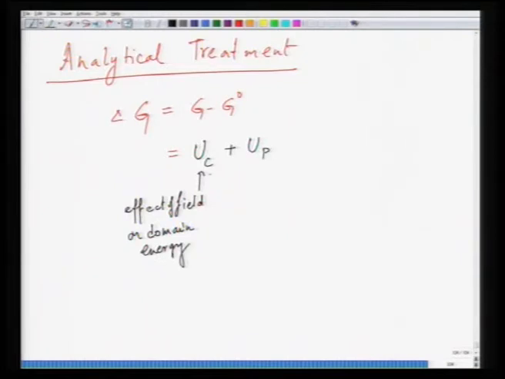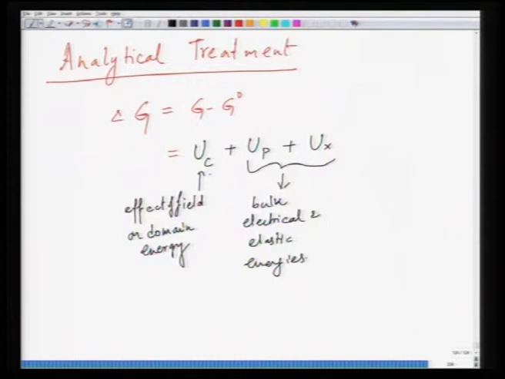Then you have terms called U_P and U_X, which are bulk electrical and elastic energies. And then you have U_W, and a final term U_D, where U_W is the domain wall energy and U_D is the depolarization energy.